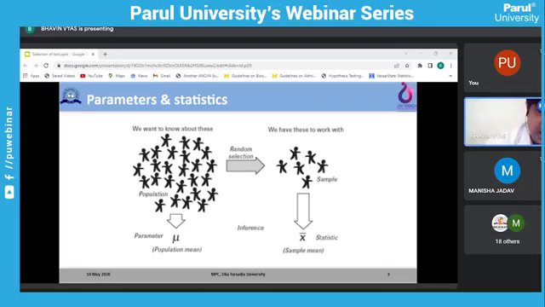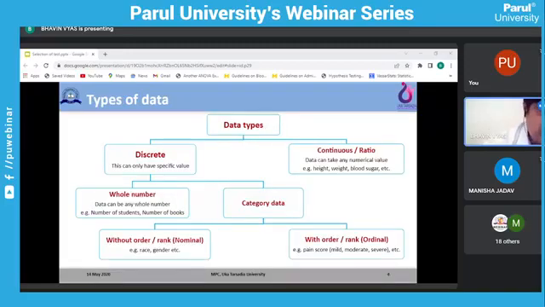The main part in statistics, or the main part in selection of a hypothesis test, is data type. When you are doing an experiment, you will be collecting data. If you are doing some experiment related to tablets, you are looking at what the weight variation is, what the time required for drying is, how much binder I require.